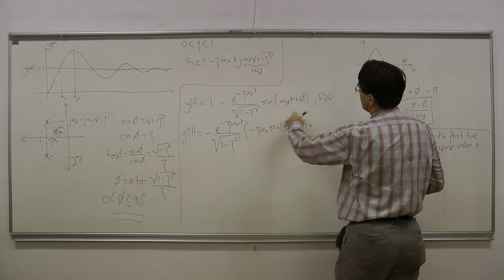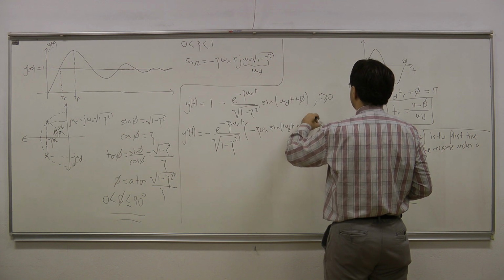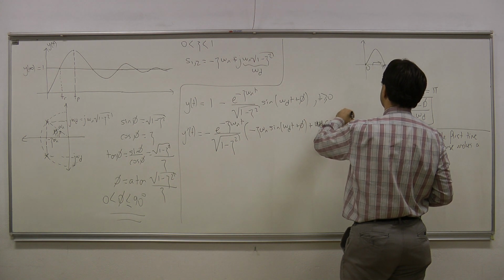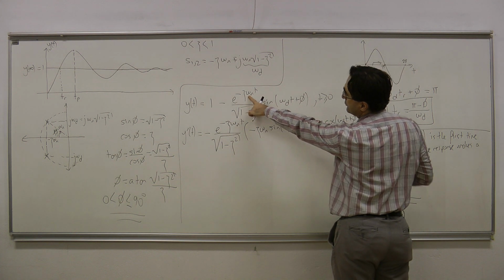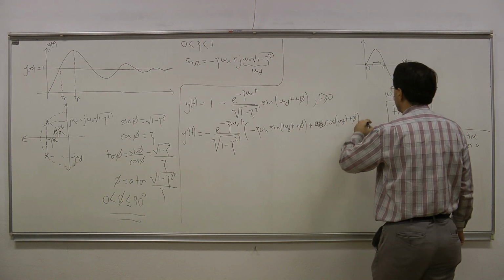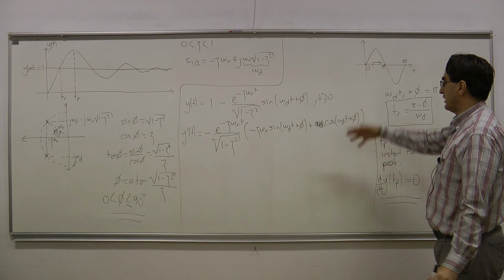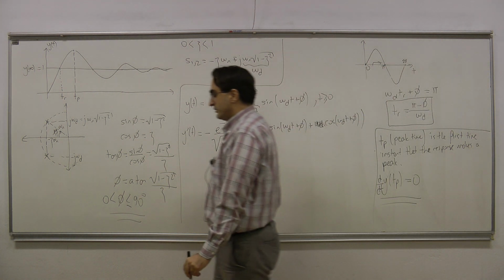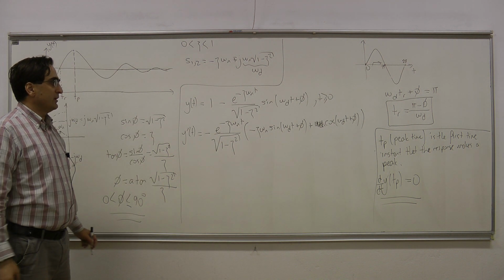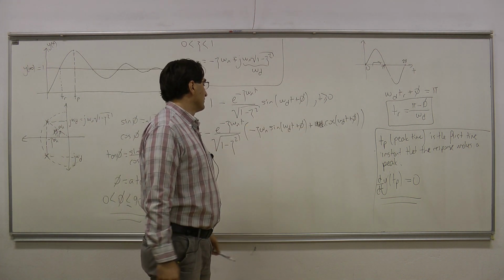And I have plus the derivative of the second function, which is omega d times cosine omega dt plus phi, times the first function. But the first function is the exponential itself, which is already here in the parentheses. So actually this completes my derivative expression. And at the end I need to equate this function to 0. All right? But before that, I need to make some effort in order to simplify this function.